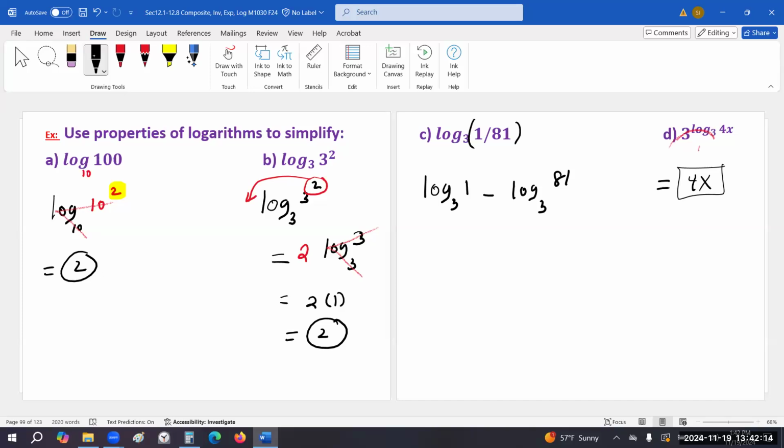Here they didn't give you the parentheses. Is that negative log base 3? Negative log base 3, 81, not 8. That's why I said 80, because aren't you subtracting?